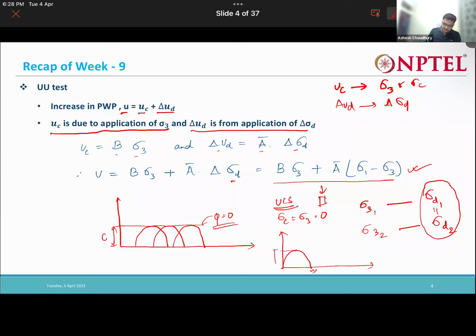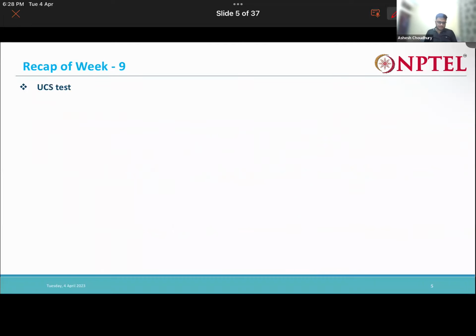Now, if I want to find out my C value, that is the cohesion value, this is my cohesion value, right? Cohesion will be nothing but, if this is my UCS, say QU, this will be nothing but QU by 2. So in the UCS test, you will be getting a circle something like this, right?